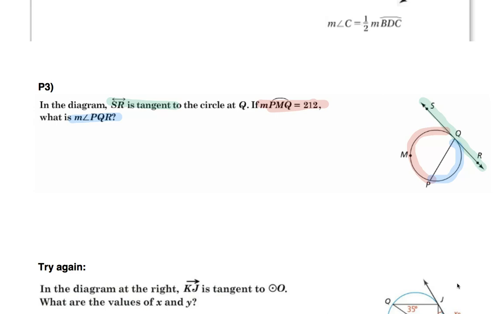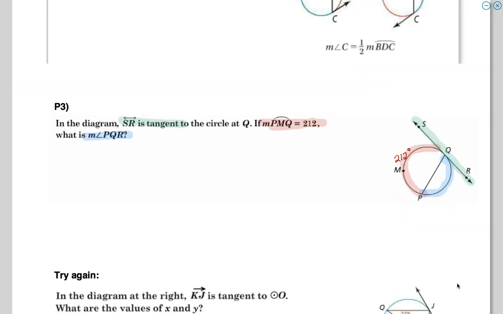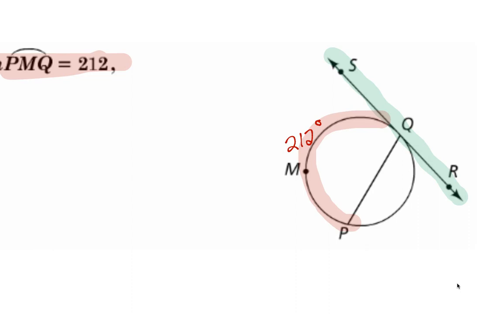So if PMQ is 212, oh, I actually diagrammed that incorrectly. My fault. I was going to say that's a little too easy. PQR is this angle down here. Sorry, I thought it was an intercepted arc.